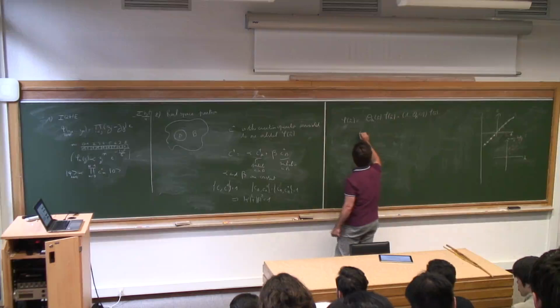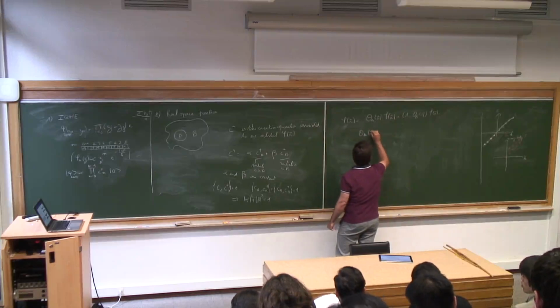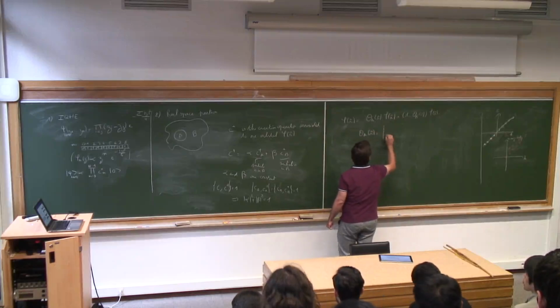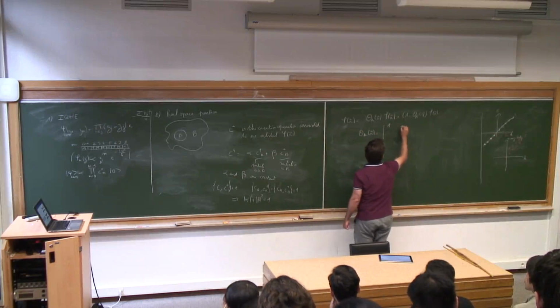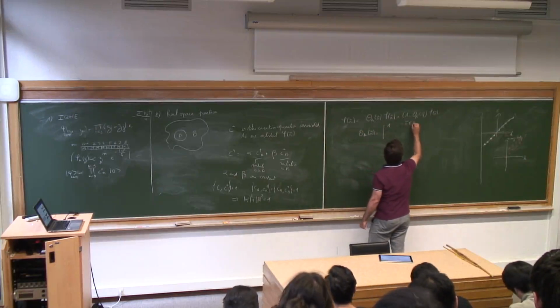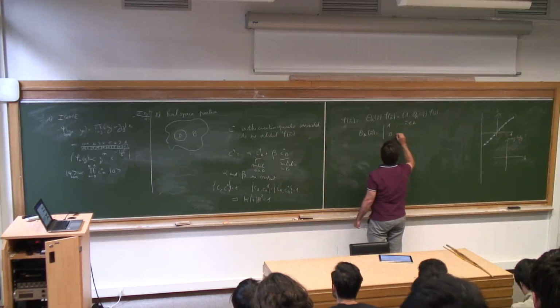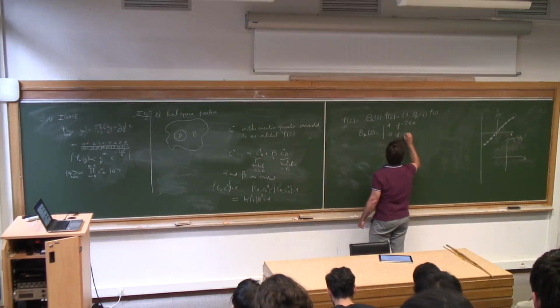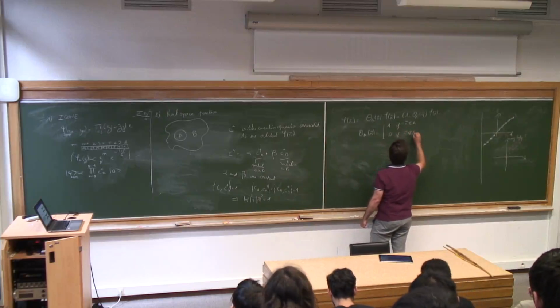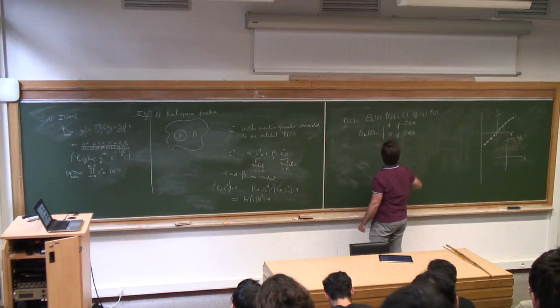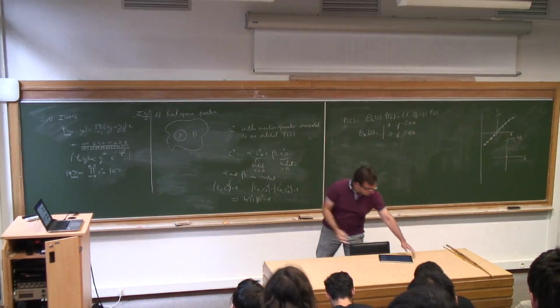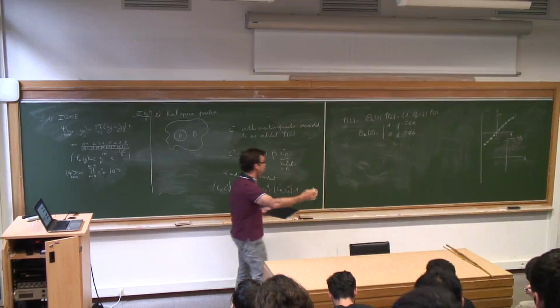This is the Heaviside function, where it's equal to 1 if r is in A and 0 if you're outside A.